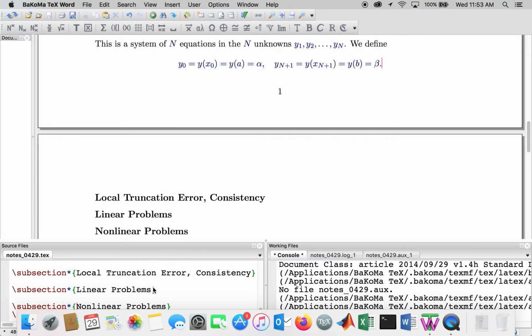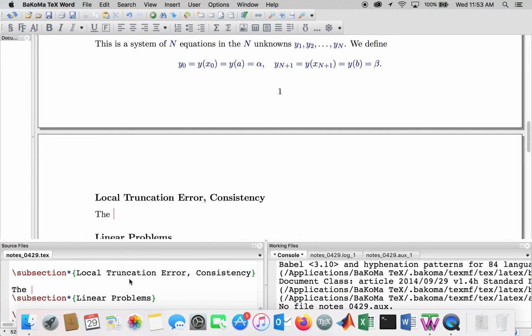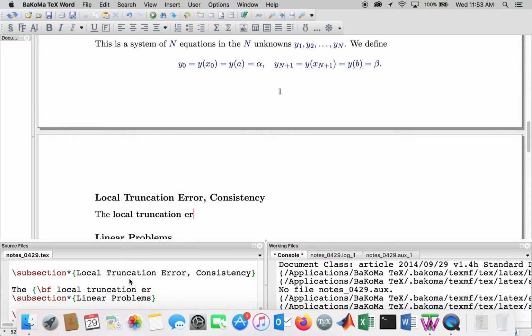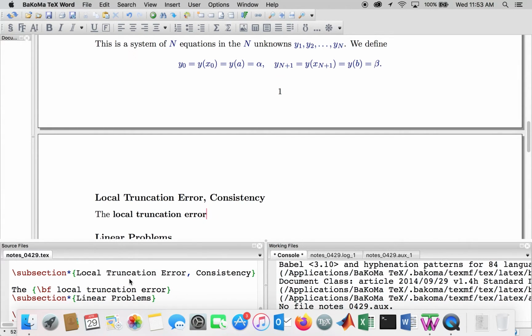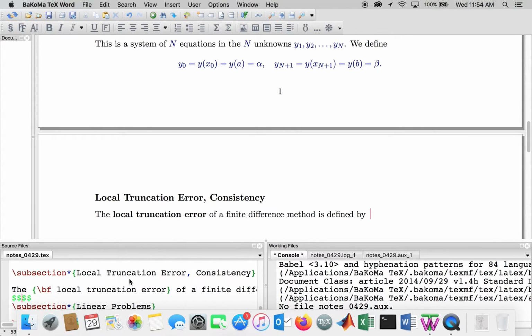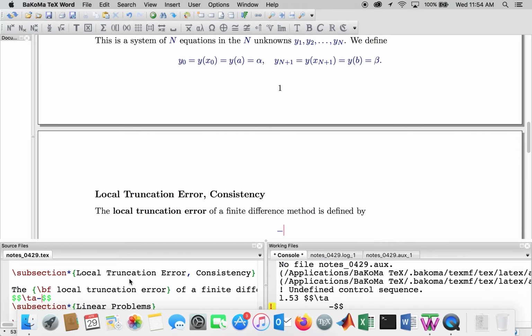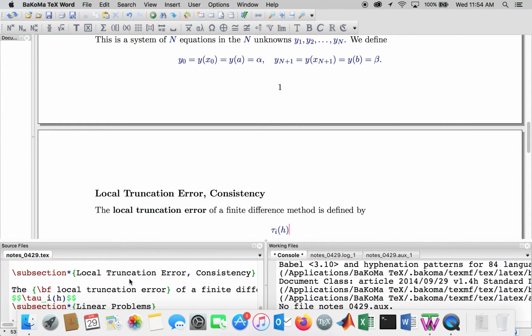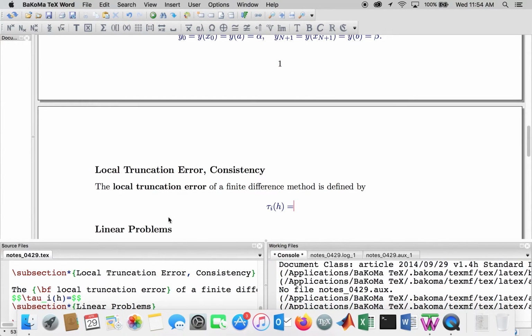Okay, so what is local truncation error? The local truncation error of a finite difference method has a simple definition in terms of the notation already given. I'll use tau i of h. Similar notation was used for local truncation error for initial value problems.